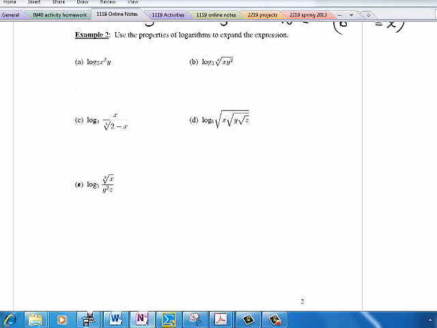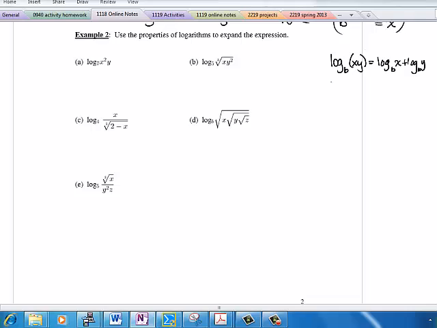Now we have single logarithms that we're trying to expand so that we have simpler inputs, but maybe a sum or difference of logarithms. So, again, I'm going to rewrite those properties over here. First one is like that.